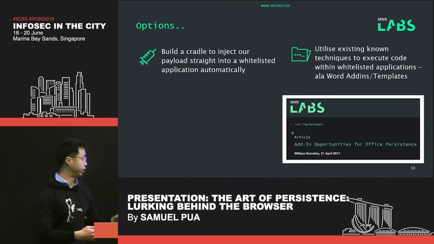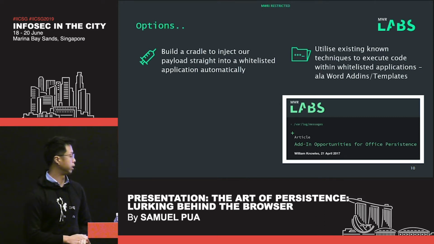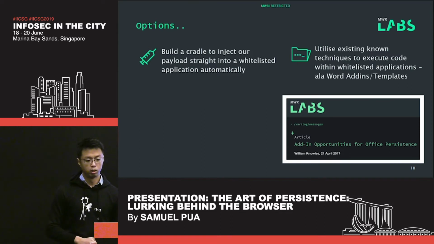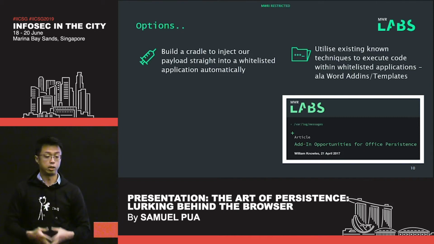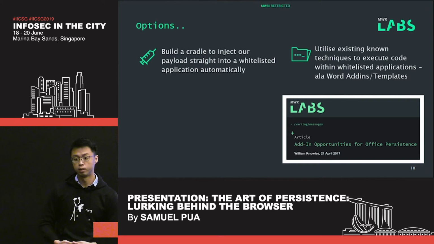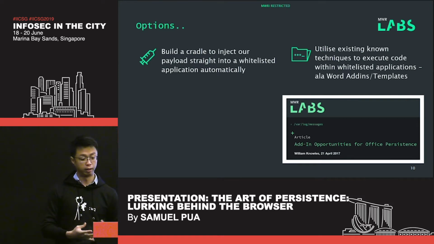This technique was covered quite intensively previously by our labs in a blog post that you can read up on for yourself. The advantage is it works very well in a corporate environment. We know it works, it is very well known, but the disadvantage is also that it is very well known. It is easily caught, and it will raise a suspicious alarm for the defenders.